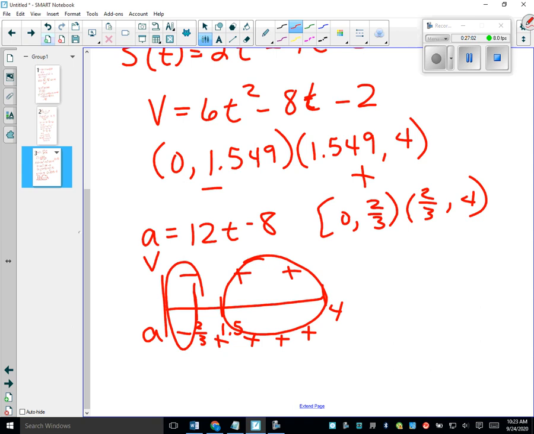Now, you want to spread it out, it's speeding up to 2/3. 2/3 to 1.5, I did 4. I remember this. This is fun. What is the total distance traveled?